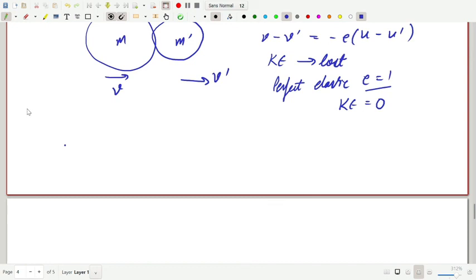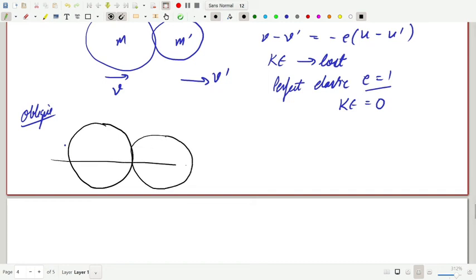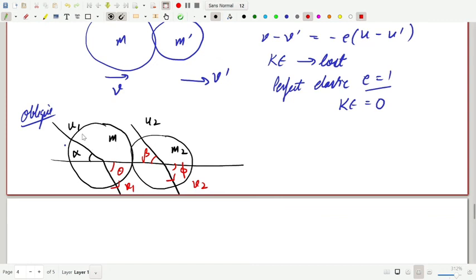Now if two spheres have oblique impact, in that case diagram: u1, mass, angle alpha, angle theta, angle beta, angle phi, v2, v1.